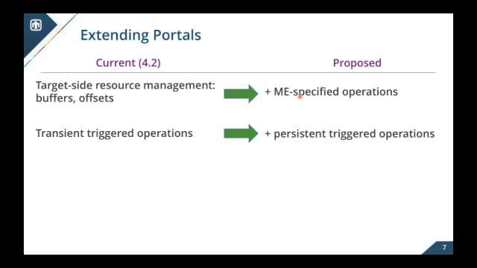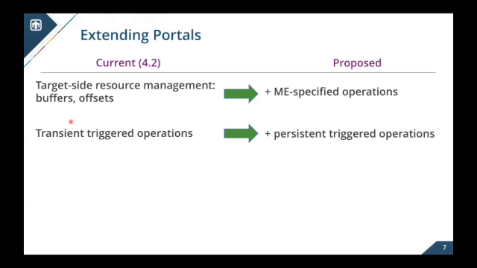The second one concerns the triggered operations. I mentioned in the previous slide that after a triggered operation is triggered, it's removed from the list. This could be unfortunate, right? If what the triggered operations are doing is a communication pattern, for example, that's going to be invoked over and over again, it might be nice if the operations were persistent, right? So they wouldn't have to be reinstantiated. And that could be particularly problematic or annoying, right?